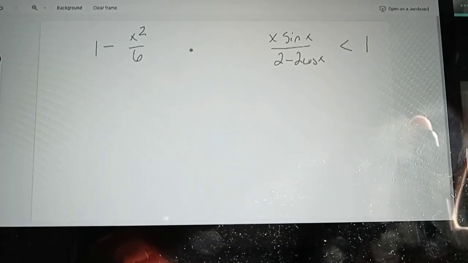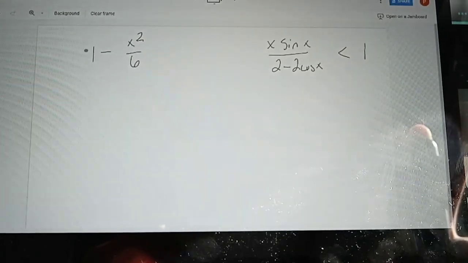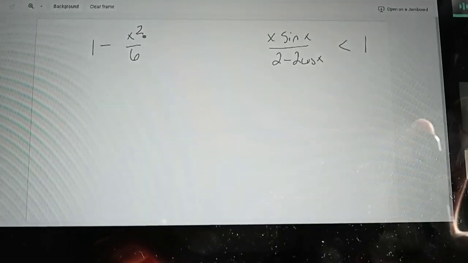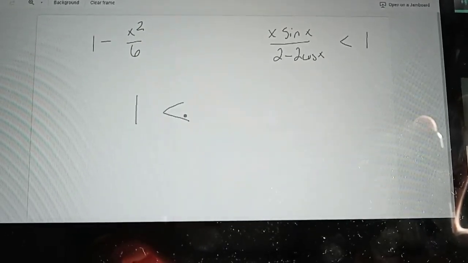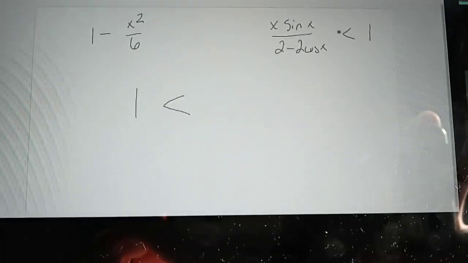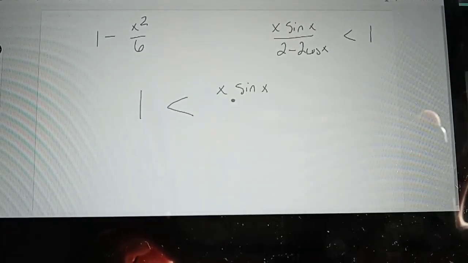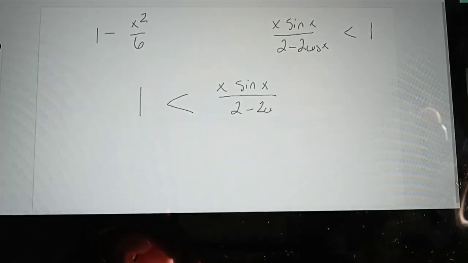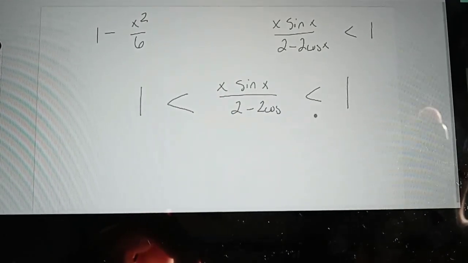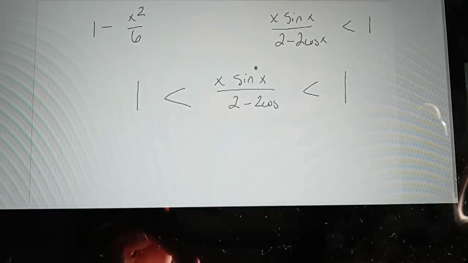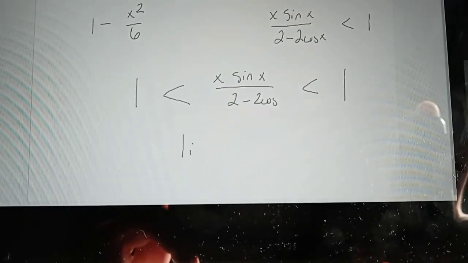Yeah, so this is actually a lot easier than you think. So when you take the limit as x approaches 0 of this, it's 1. So then if we take this right here, it's already been defined, right? That x sine of x is less than 1. That was given to us. So if that's in the middle, then that means that this one has to be equal to 1.